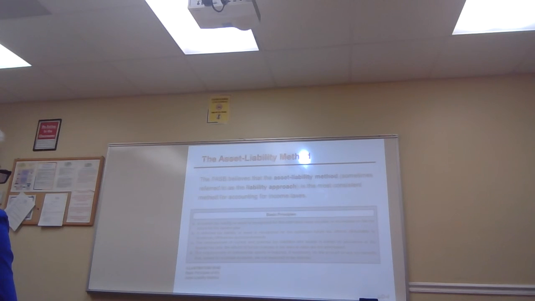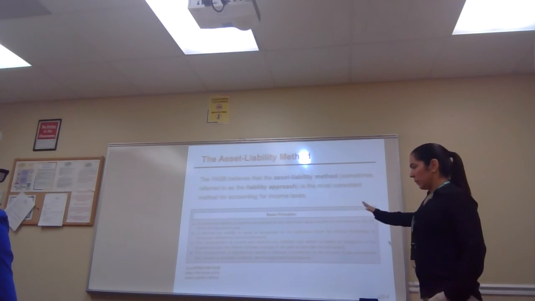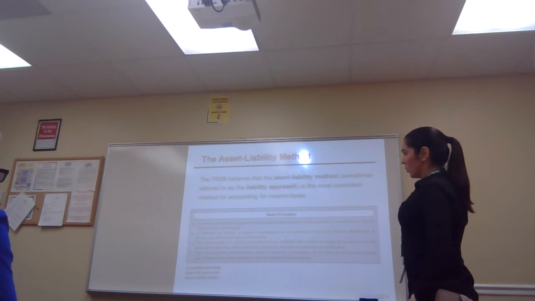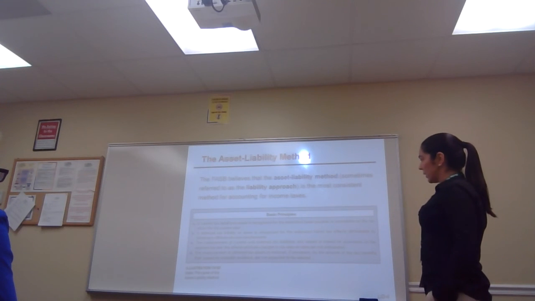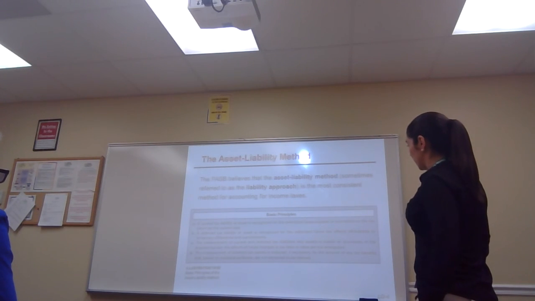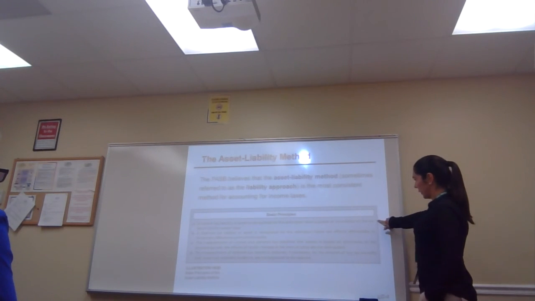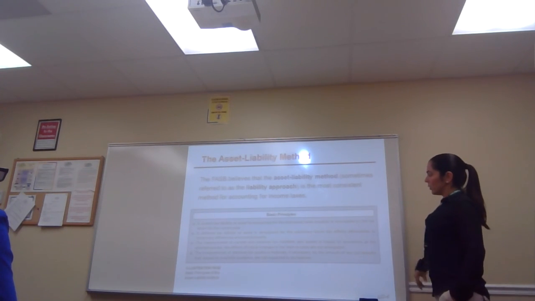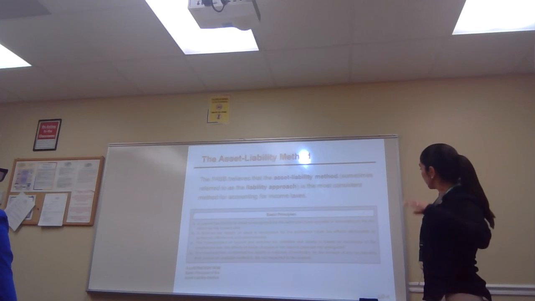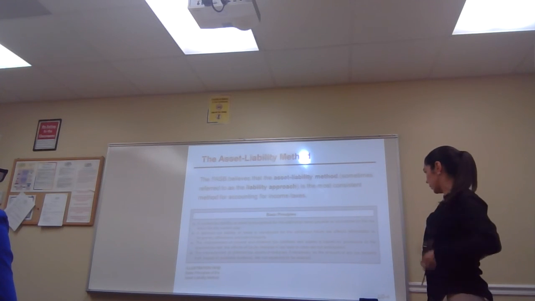FASB believes that the asset liability method, sometimes referred to as a liability approach, is the most consistent method for accounting for income taxes. So basic principles, going back to Intermediate Accounting 1. A current tax liability or asset is recognized for the estimated taxes payable or refundable on the tax return. This is what we started talking about the first couple slides. A deferred tax liability or asset is recognized for the estimated future tax effects attributable to temporary differences and carry forwards.